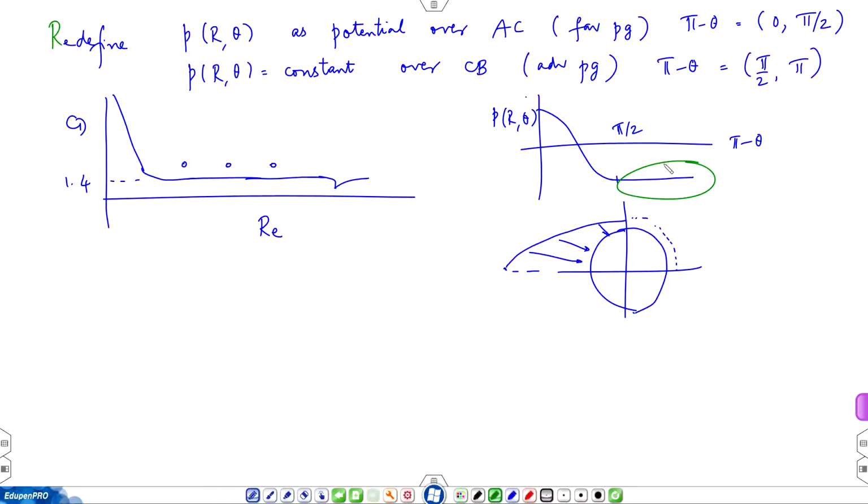So we have approximated this part, the adverse pressure gradient, as strictly constant. It's not strictly constant. But if you do that, you get a result much closer to experiments. This is with the revised pressure variation.